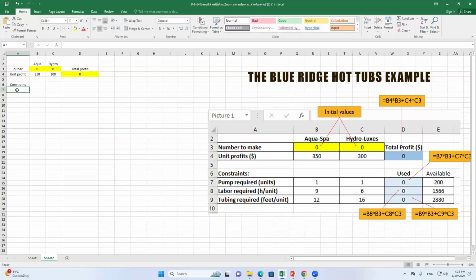We have the pump constraint, which should be in units. The second one is the labor constraint in hours per unit. And tubing, or the length of tubing, is in feet per unit.